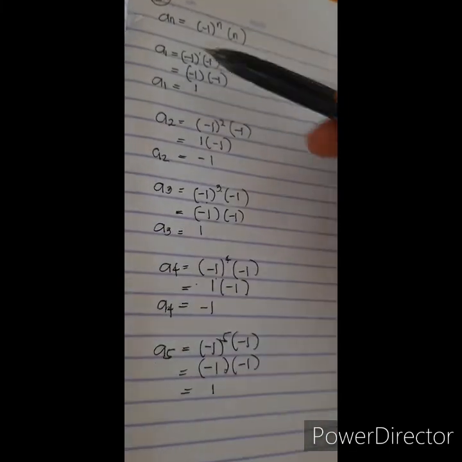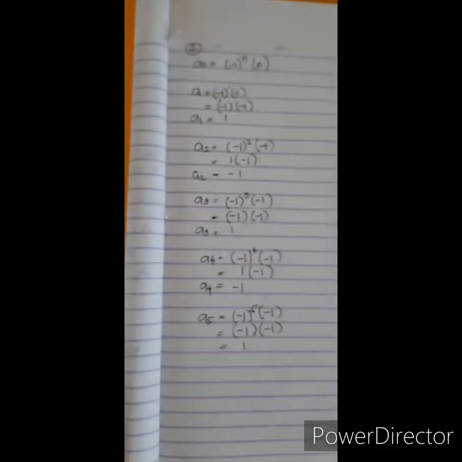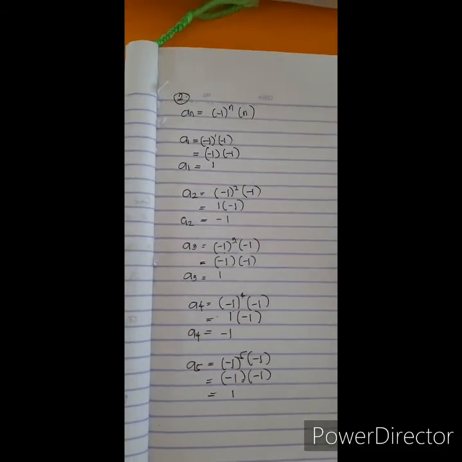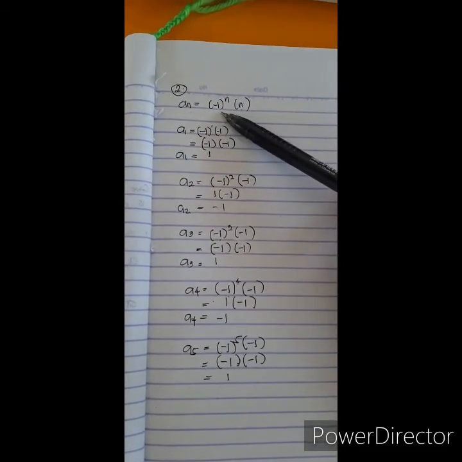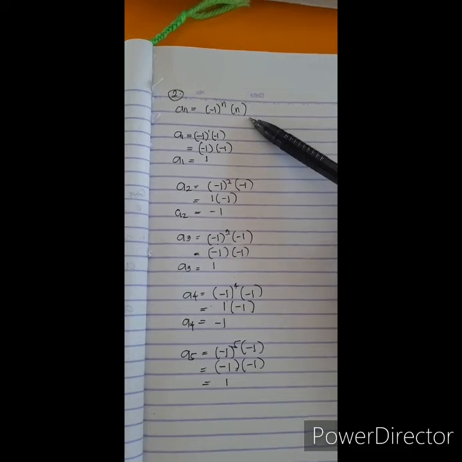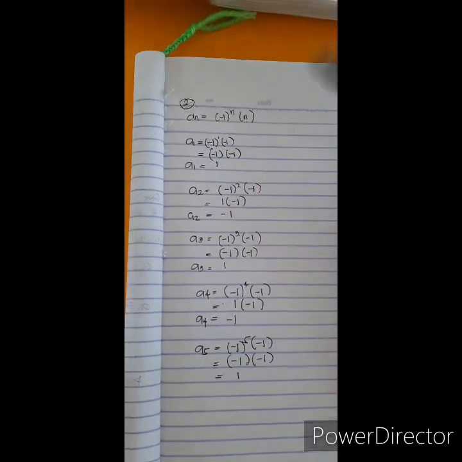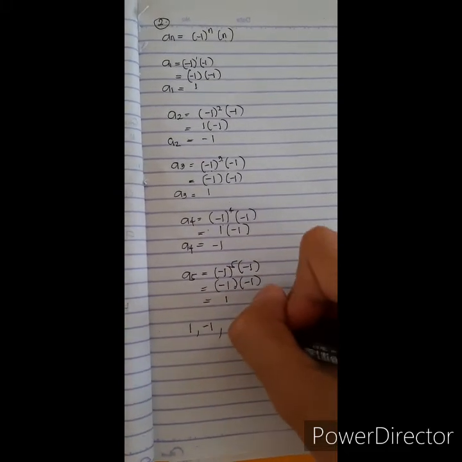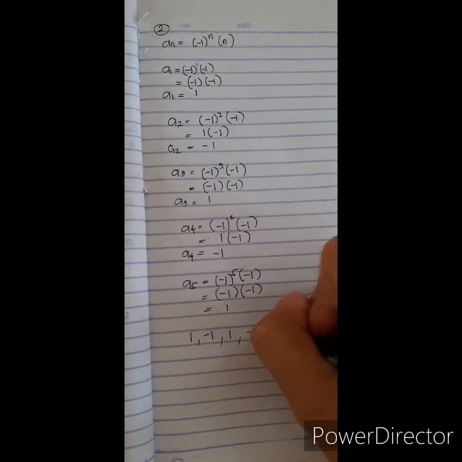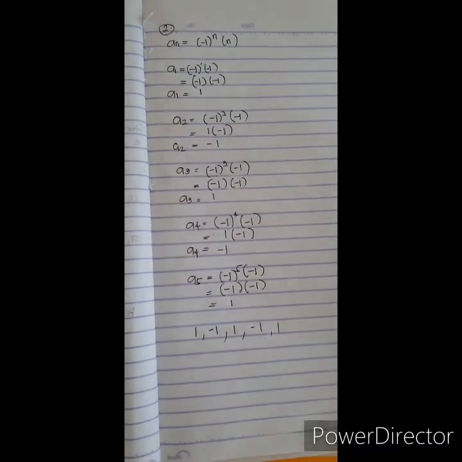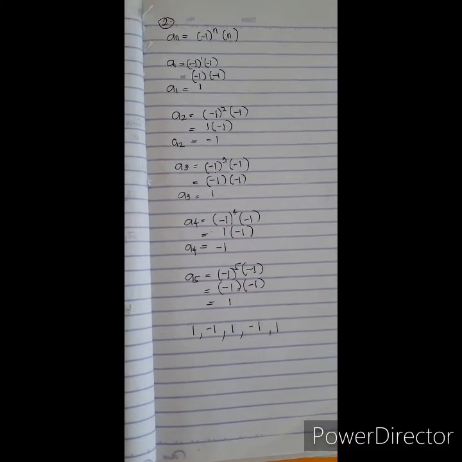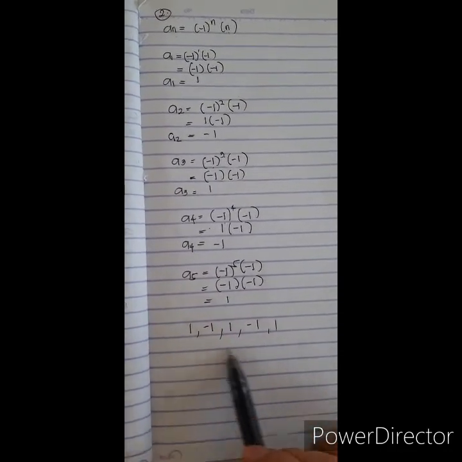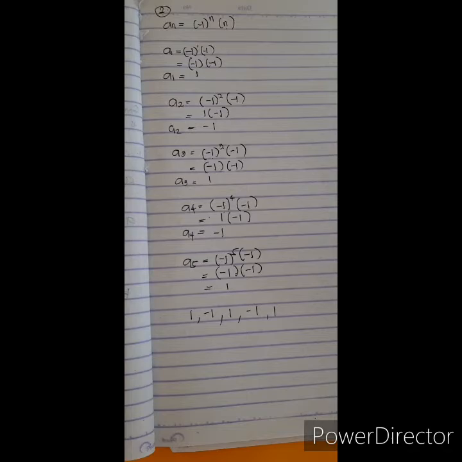So we have now the first 5 terms of our sequence defined by the formula or the pattern a sub n equal to negative 1 raised to n times n. So we will now list all the terms. So we have 1, negative 1, 1, negative 1, and positive 1. So this is now the list of the first 5 terms of the sequence defined by this pattern or formula.